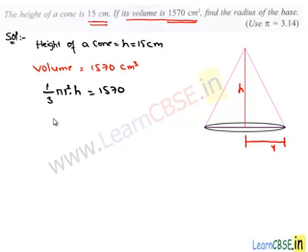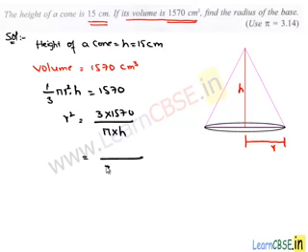Let's work it out. Here we have to find small r, so we make it the subject. Then we get r square is equal to 3 times 1570 divided by pi times h. Let's substitute their values. Here we have value of pi, which is 3.14, and height is 15 centimeters, and on numerator we have 3 times 1570.